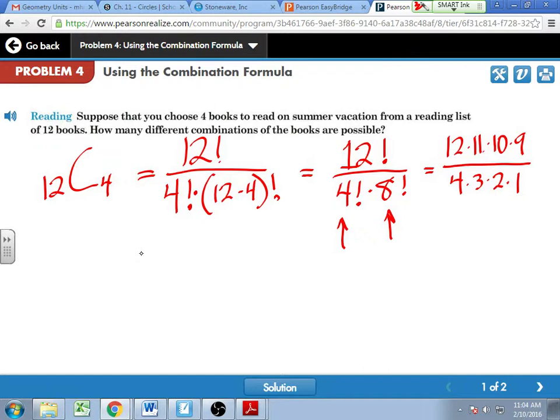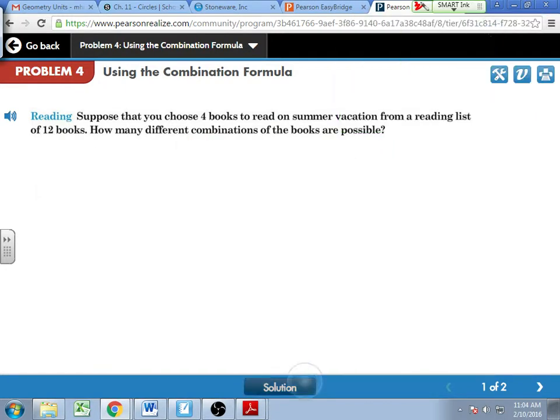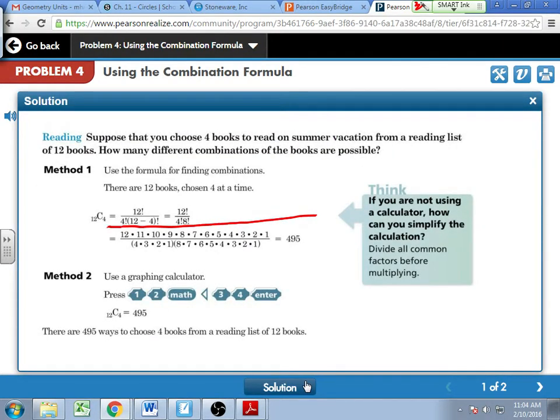So when I solve this out, and you guys have it on your paper. But notice how much easier it is to think about it like this than to think about it like this.